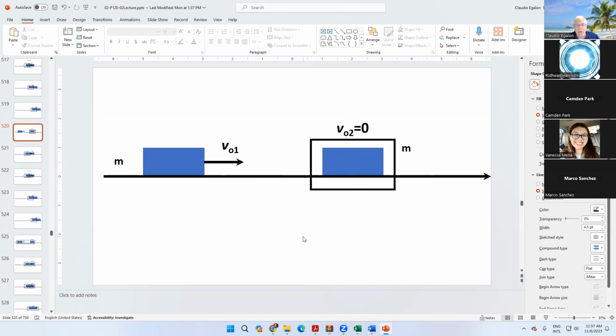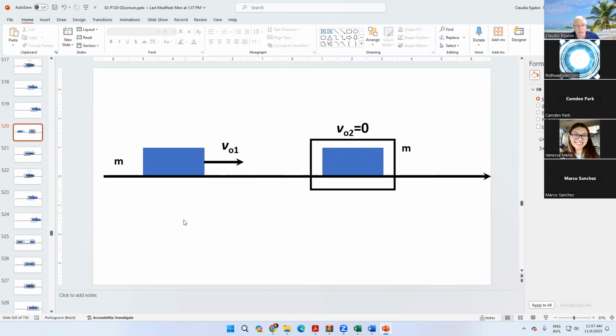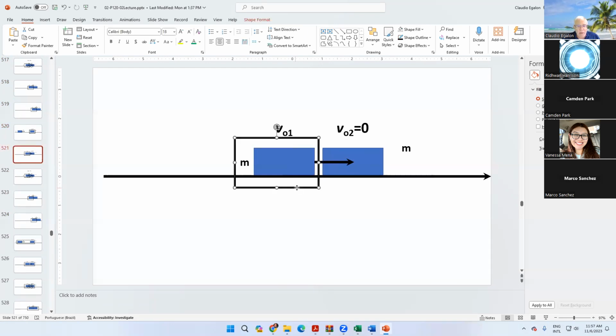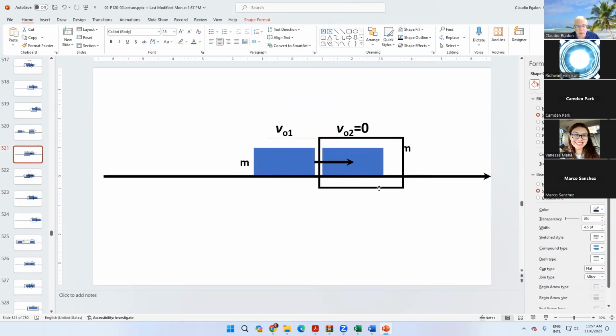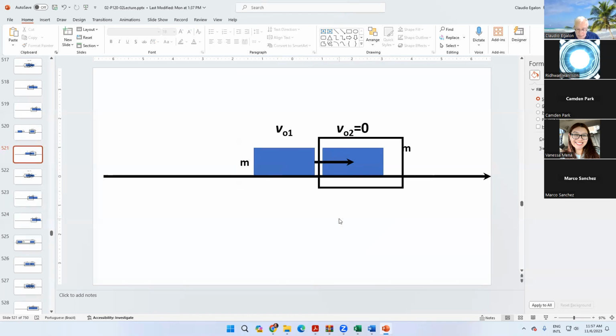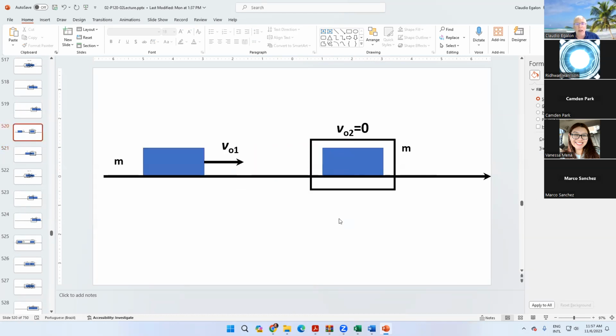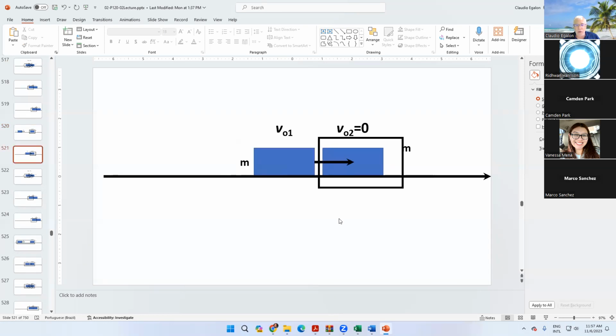Net force applied to this object is 0 because it is at rest. And then the first mass is approaching the second mass. It didn't exert a force on the second mass yet. So momentum on the second mass at this instant of time is conserved from here to here.